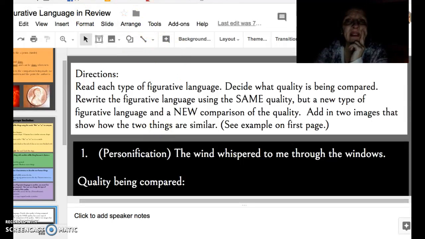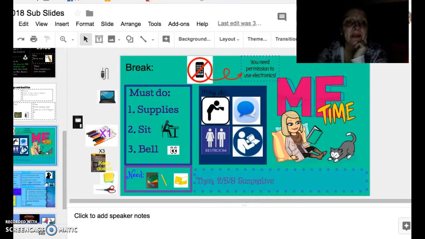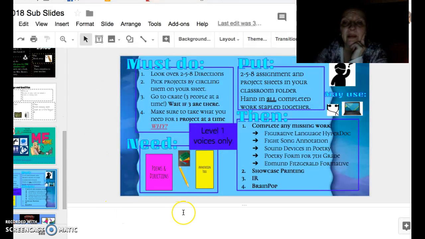Once you're finished with this assignment, you should work on your 258 project. That is due Tuesday. I want to remind you that on Tuesday, you will have to have your 258 assignment complete and hand it in. You might have a little bit of time to finish things up, like stapling them together and making sure you have all pieces together.